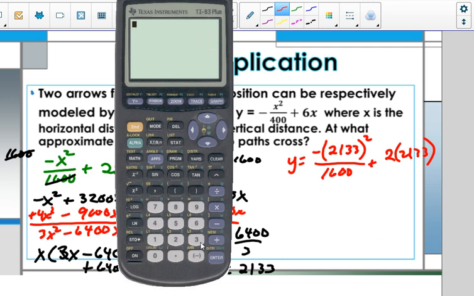So I have a negative on the outside, parentheses 2133, and I need to square that. This is going to be divided by 1600, and then I need to add 2 times 2133.